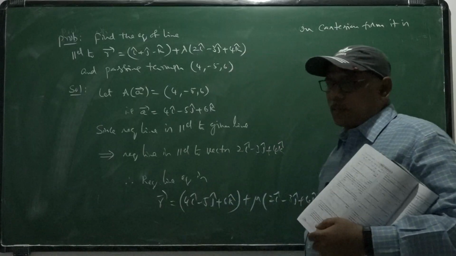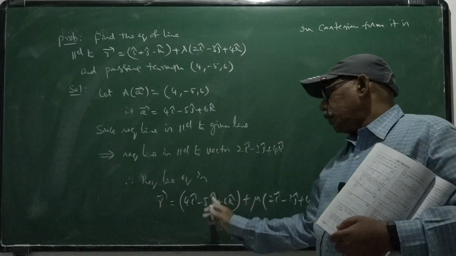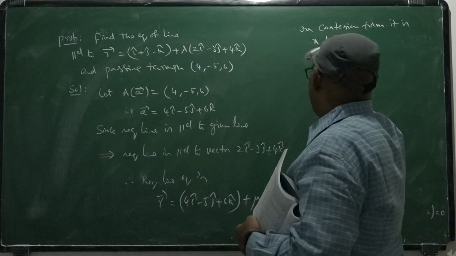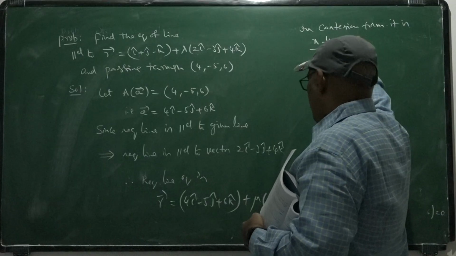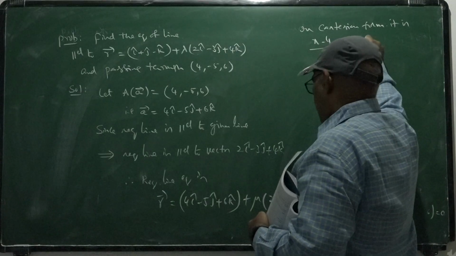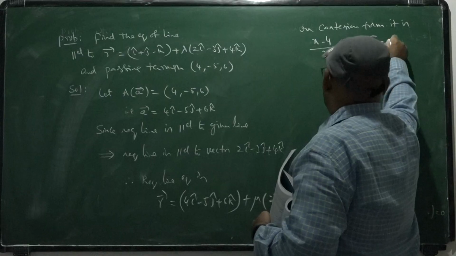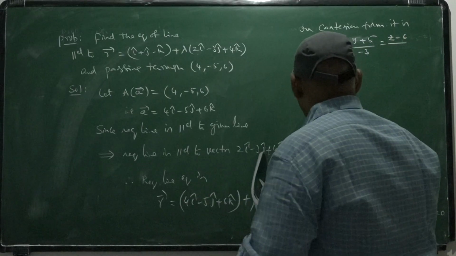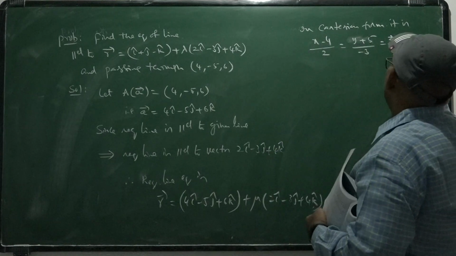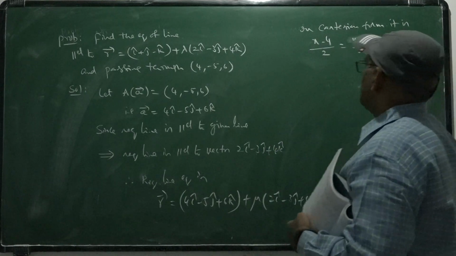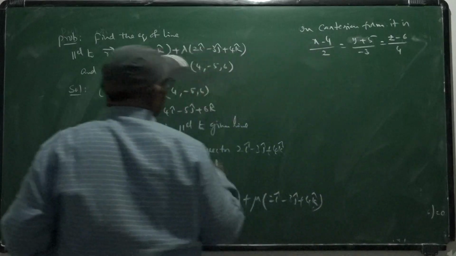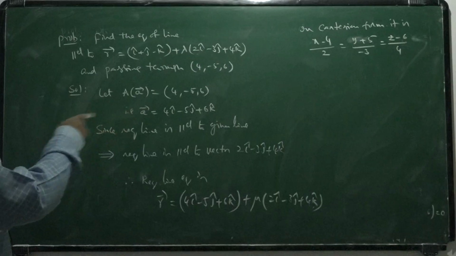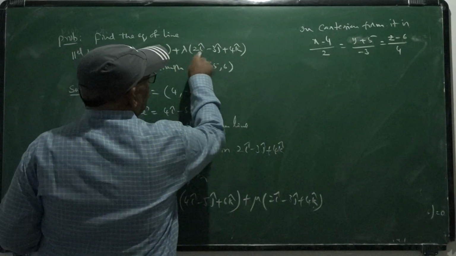taking R bar as xi plus yj plus zk, then comparing i, j, k components, we get (x minus 4) by 2 equal to (y plus 5) by minus 3, (z minus 6) by 4, comparing k terms. In Cartesian form, this is the line that passes through (4, minus 5, 6) and is parallel to the vector (2, minus 3, 4).